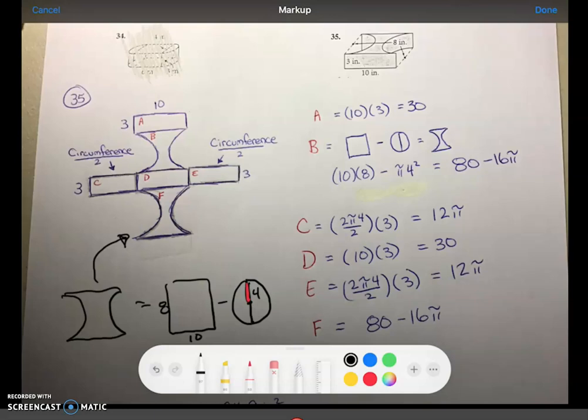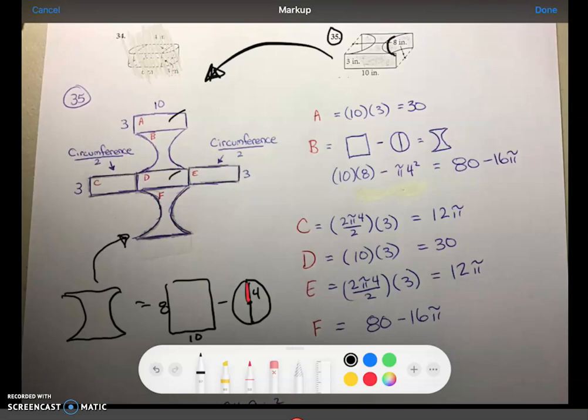And finally, we're going to look at number 35 here and break it down into pieces and draw a net, and that's what the net would look like. Essentially, 35 is a box with two half cylinders chewed out of it. Some of the parts are fairly easy to figure out. You've got a simple rectangle in the front, and a simple rectangle in the back.